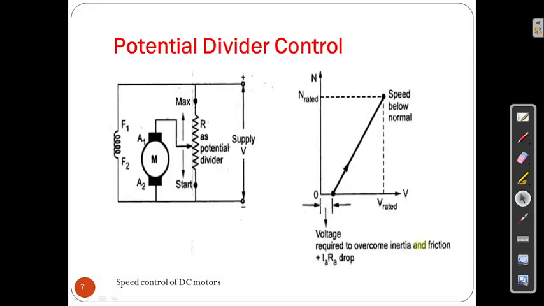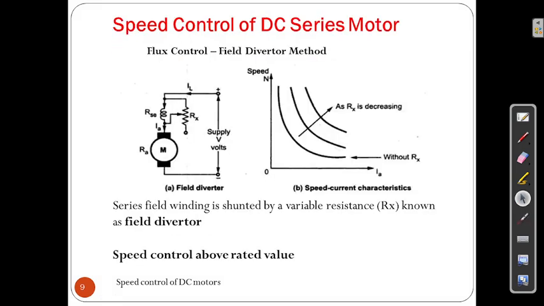Then we move to another control method, the flux control field divider method. It is the same thing here. The input power supply is given to the series winding, and this series winding is given to the motor. After the winding the connection goes to the resistor, and current gets diverted from here.